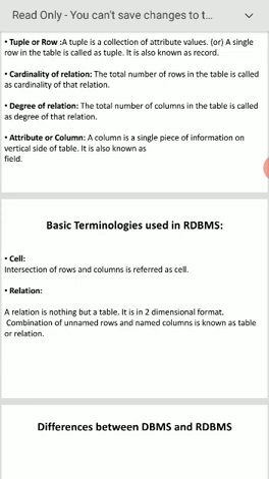It is called a vector in mathematics. But if you want to create a table, you should use the 2-dimensional format. There is an intersection of rows and columns, and there you can store whatever value you want. These are the terminologies used in RDBMS.